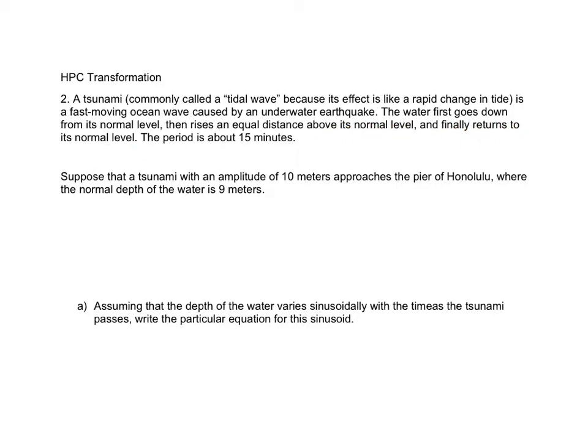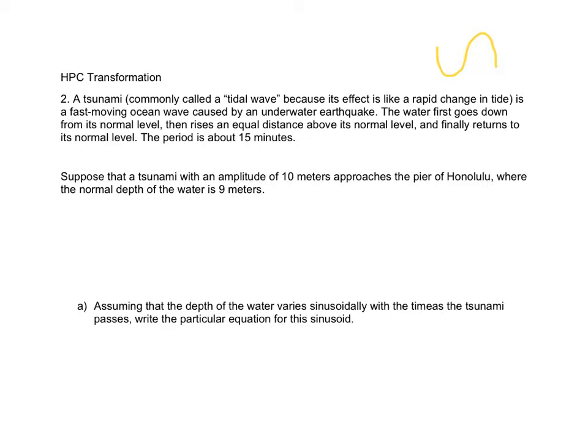So basically this looks like a sine equation, because let's read that part again. First goes down from its normal level, then rises an equal distance above its normal level, and then goes down to its normal level. So that looks like a sine equation. So I'm going to be doing a sine graph for this one.